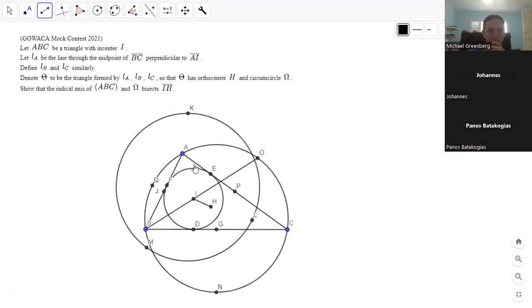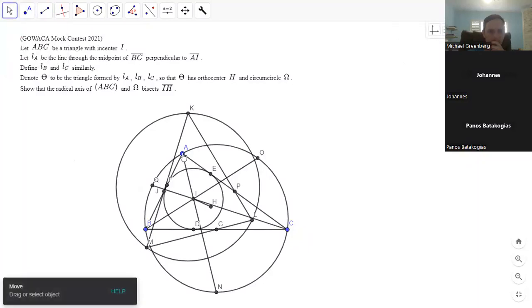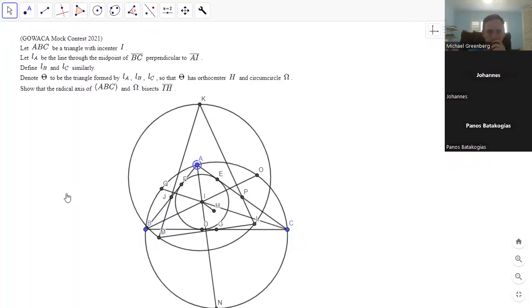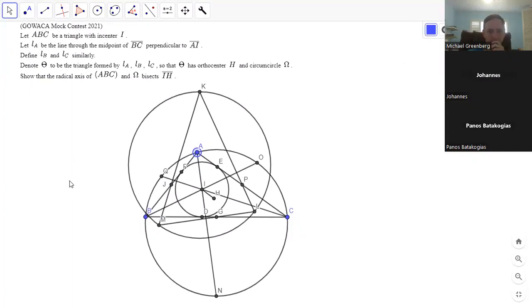So we have this, this, and this. Then we also have this, this, and this. A little tricky of a figure. Let's see if I can make it look better. I think that looks okay.